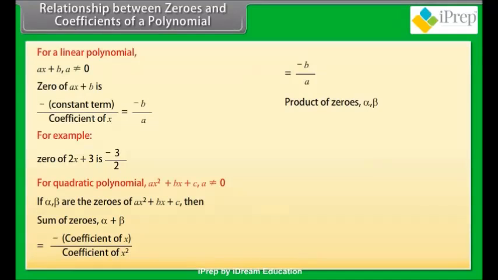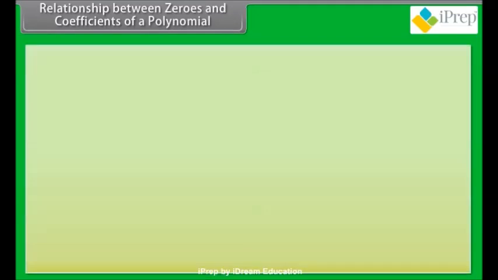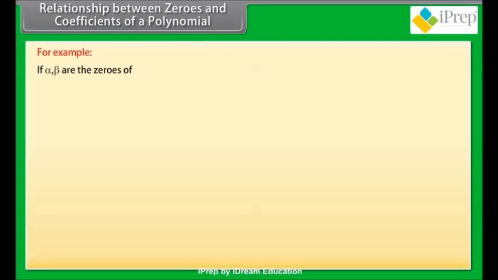Product of zeros, alpha beta, is equal to constant term upon coefficient of x², which is c/a. For example, if alpha, beta are the zeros of 2x² + 3x + 2, then alpha + beta is equal to -3/2, alpha beta is equal to 2/2, which equals 1.